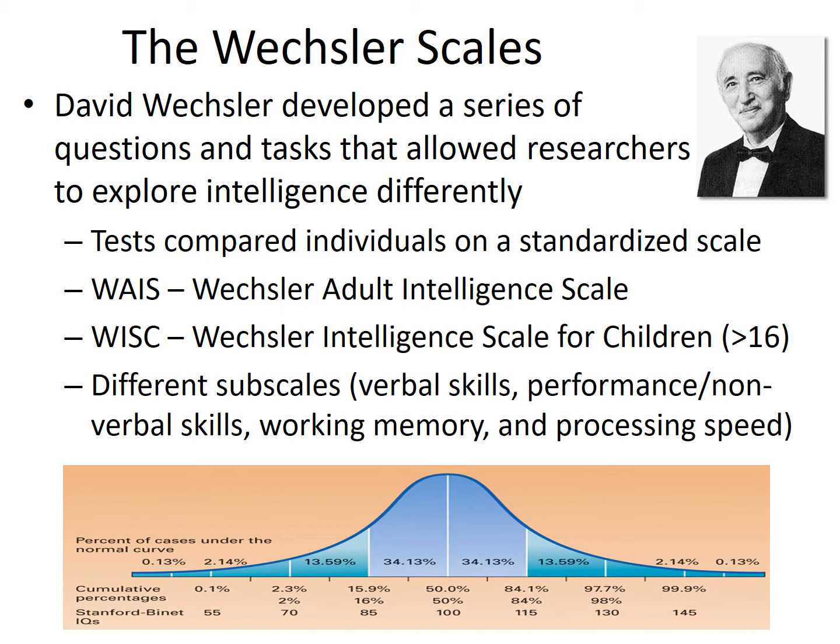So what Wechsler did first was he revised the test to make it what we call standardized. So instead of calculating somebody's mental age and chronological age and multiplying that ratio by 100, Wechsler said, okay, I want to take everybody at a specific age, give them a test, and compare them to each other so I can determine somebody's IQ.